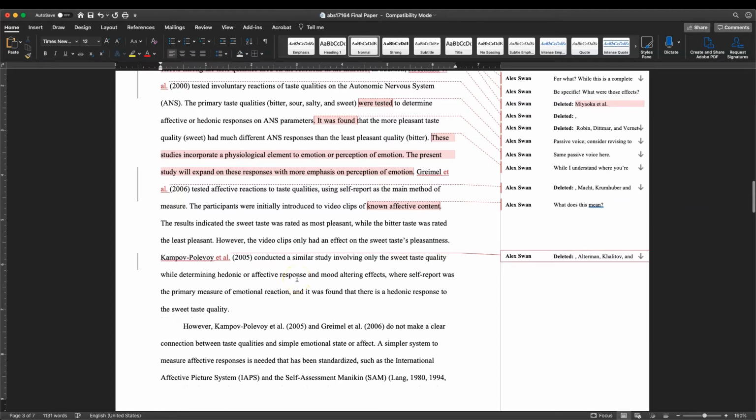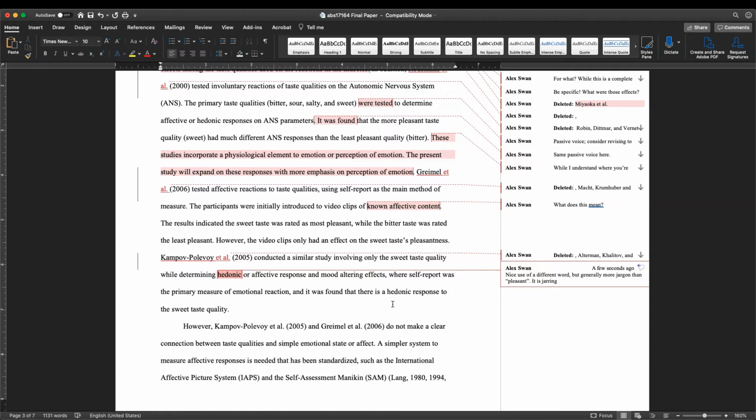And I don't need to make this change in the second paragraph, because it used to be that between 3 and 6 authors, the first time you mentioned them, you had to write all of them, and then every subsequent one you use the et al. after that. Now it's just et al. every time for 3 or more authors. So yeah, I go back and make that change, but I don't have to make the change anywhere else.